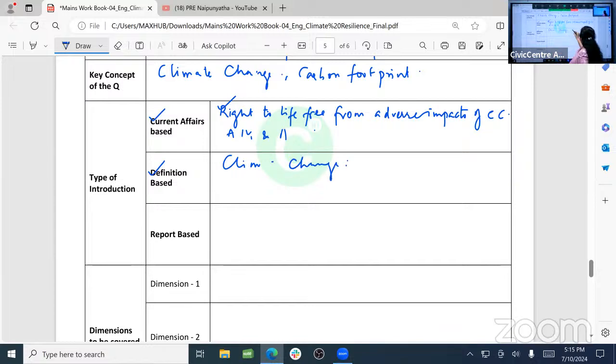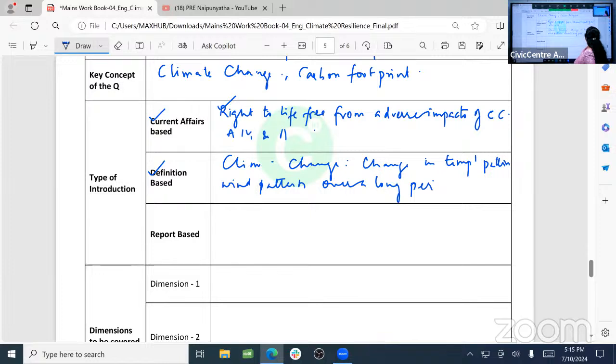So the change in temperature patterns or wind patterns over a long period of time. Long period of time, that is at least 10 years, that is a decade.